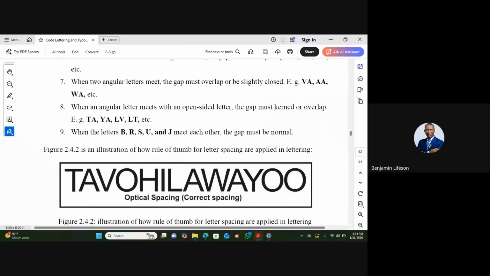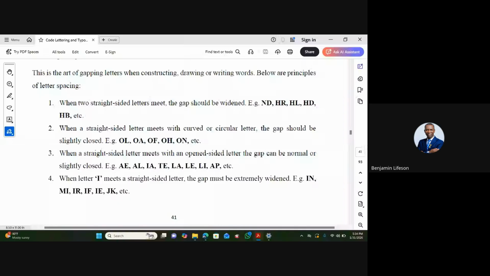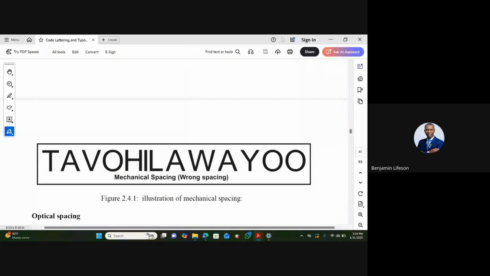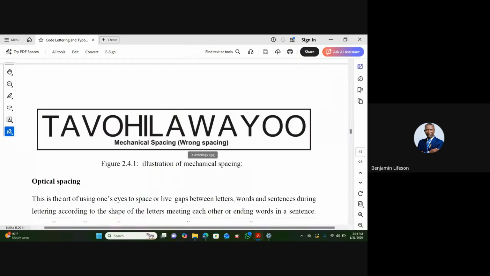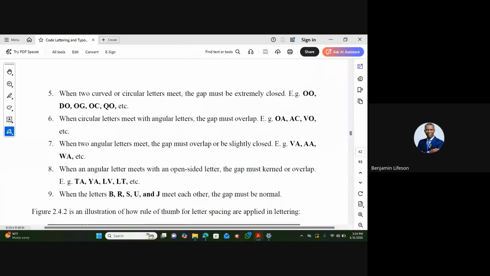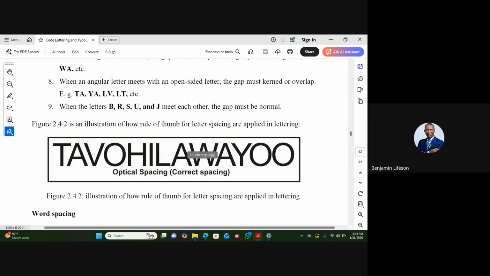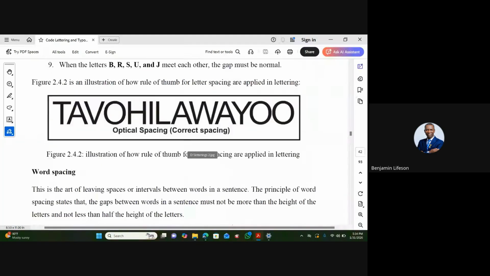So now looking at the optical spacing and the mechanical spacing, look at the mechanical spacing over here and look at the optical spacing over here, you realize that this one is the correct spacing because we are not considering a particular definite spacing, but we are considering the nature, the appearance, the character of the letters before spacing it before our eyes.